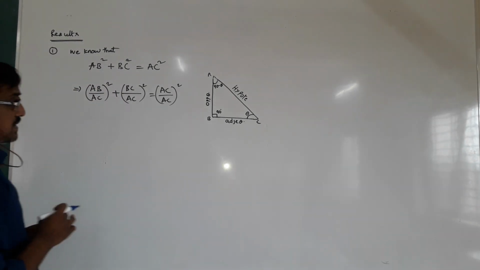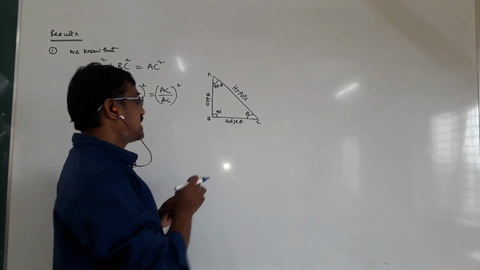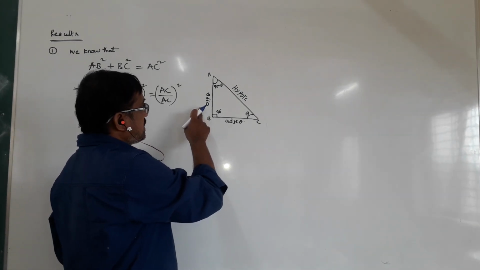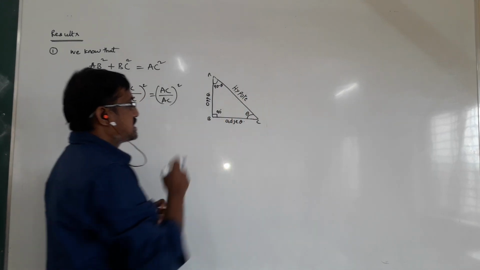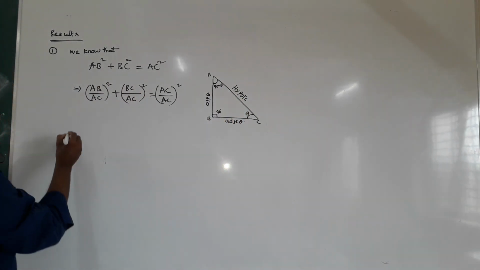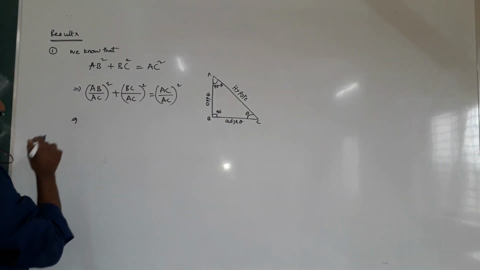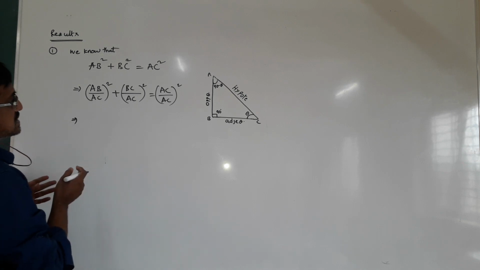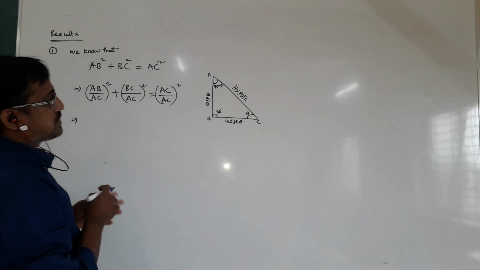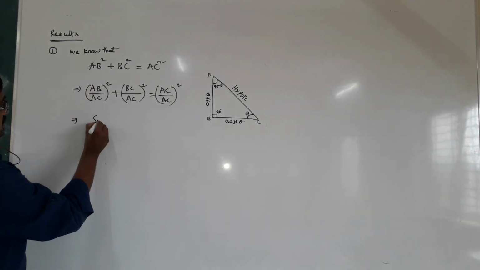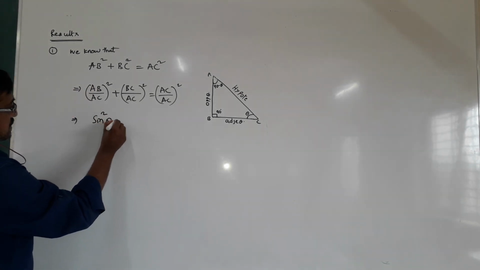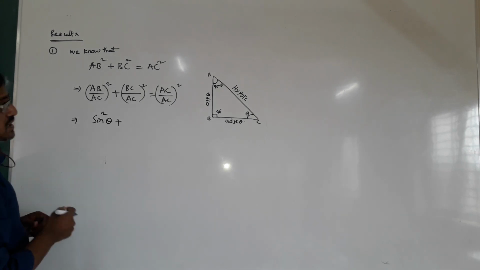Now what is AB by AC in this right angle triangle? AB is the opposite side to theta, and AC is the hypotenuse. So AB by AC, it is the opposite side to theta by hypotenuse, that is nothing but sin theta. So you can write sin square theta.